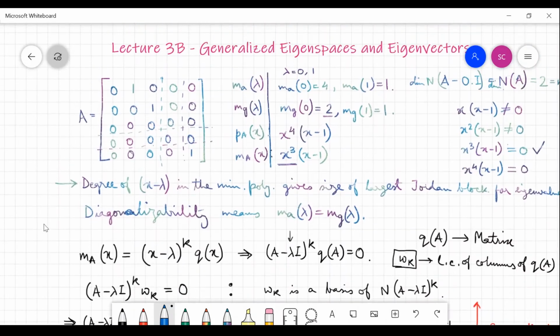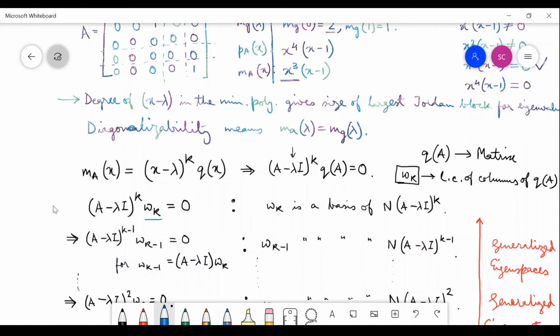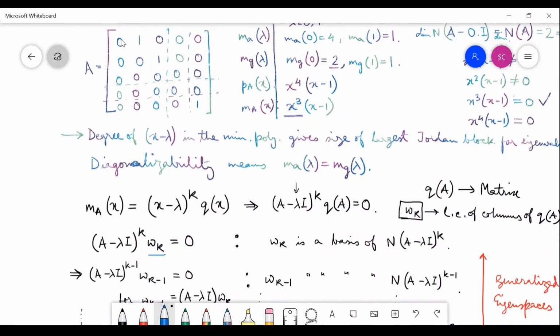When we had it like this, one is having size 3, another is having size 1. So one of the initial eigenvectors has led to all these omega 2, omega 3, but the other eigenvector of the eigenvalue 0 has not been able to generate further eigenvectors. So we have to be cautious about which initial eigenvector will lead to further eigenvectors and which will not. That needs to be seen.